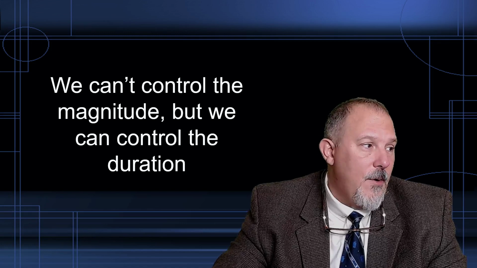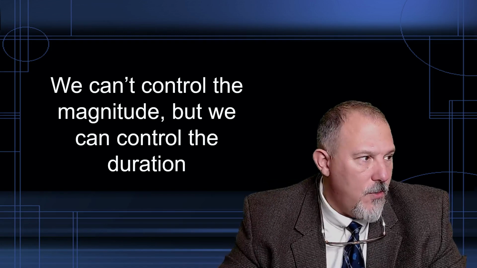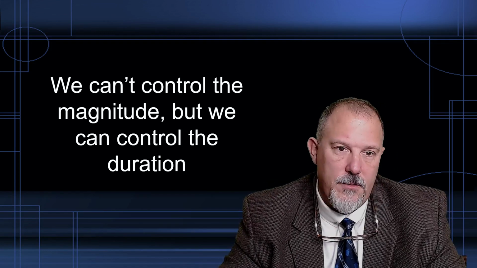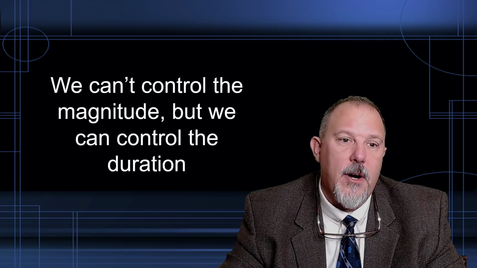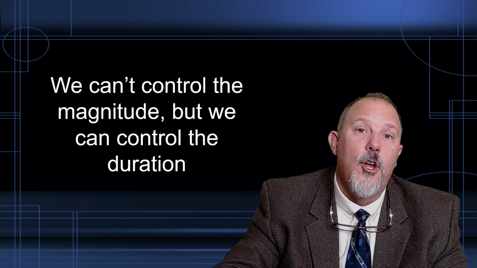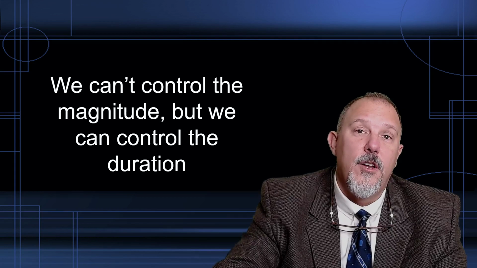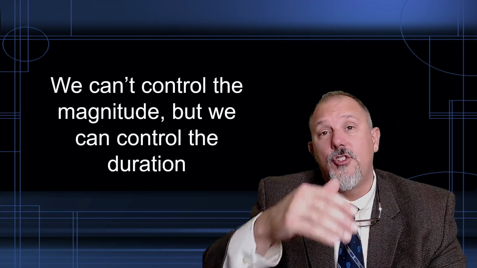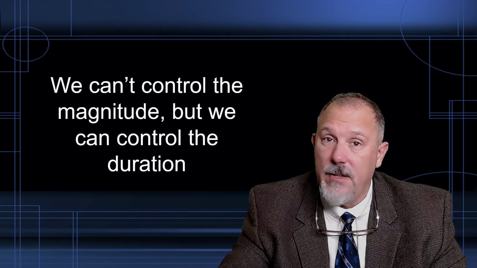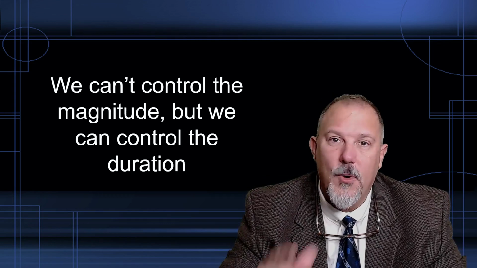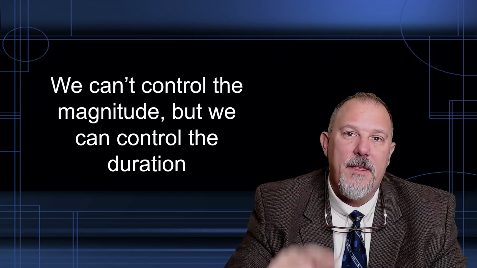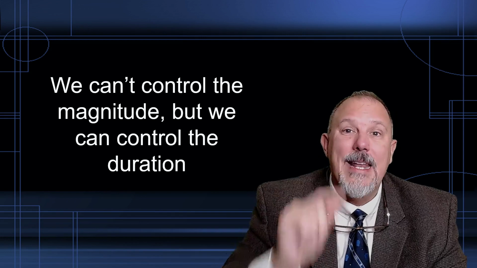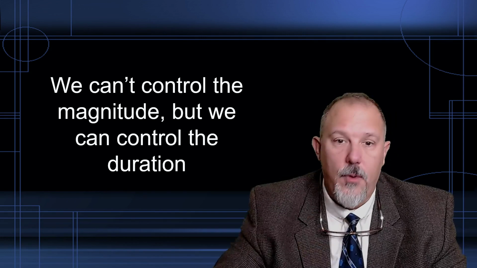So remember, we cannot control the magnitude of the current flowing in the human body, but we can control the duration that we permit the current to flow through the body. We can't control the path that current takes through the body, but we can control the amount of time that we let current pass through the human body.